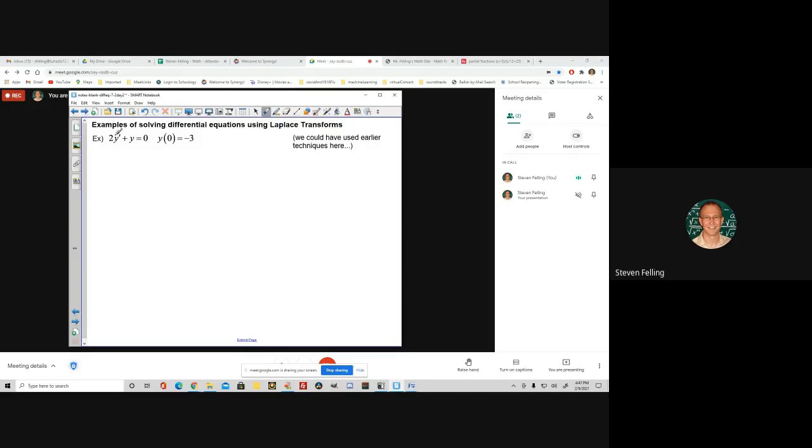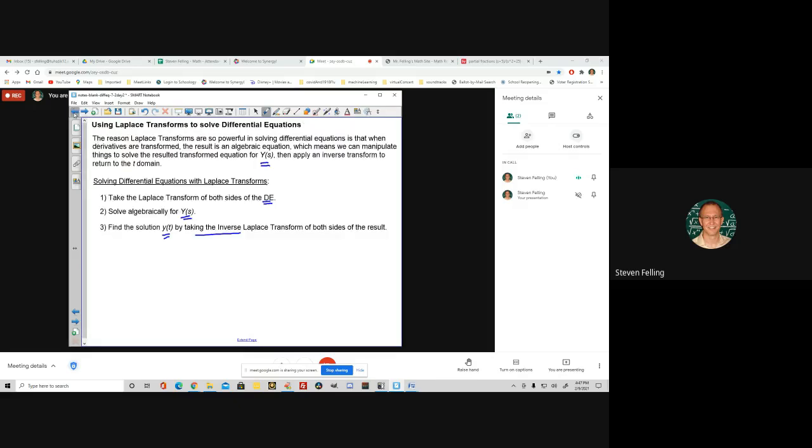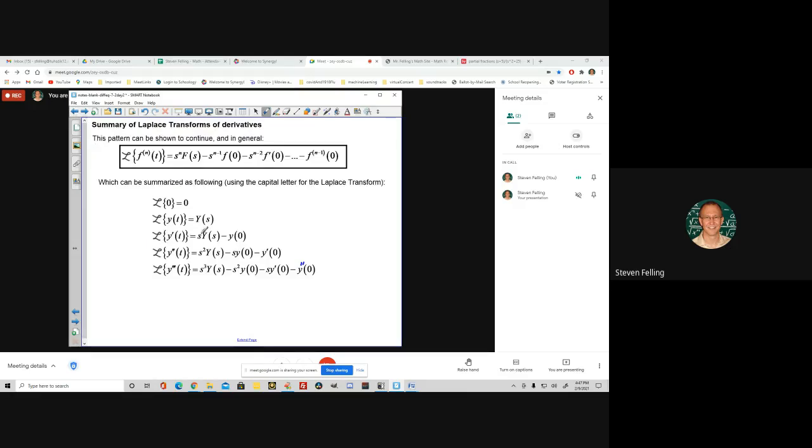Let's say we have this differential equation 2y prime plus y equals 0, and we have the initial condition y(0) is -3. Now we have a lot of methods we could use to solve this, but let's show how we could use Laplace transforms. So what we'll do is take the Laplace transform of both sides of this equation. First we have 2 times the Laplace transform of y prime. That's a first derivative, so using the rule, the Laplace transform of a derivative is s Y(s) minus y(0).